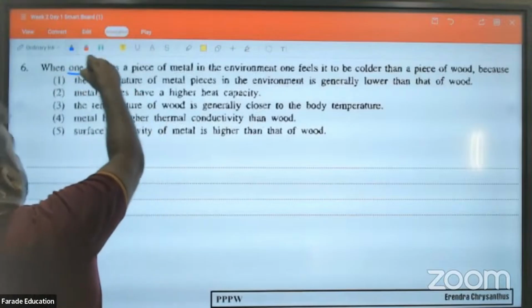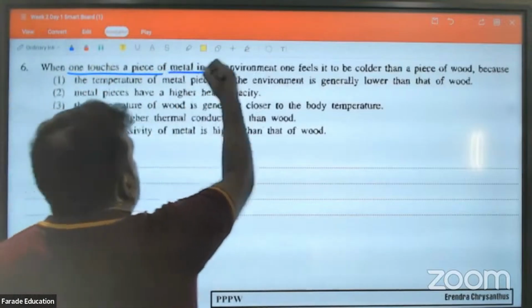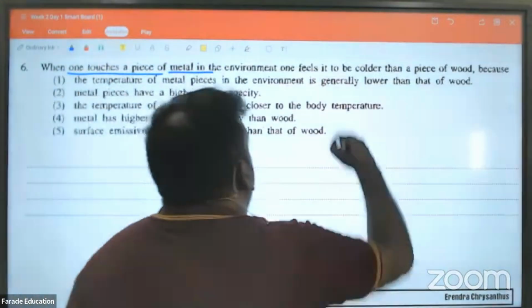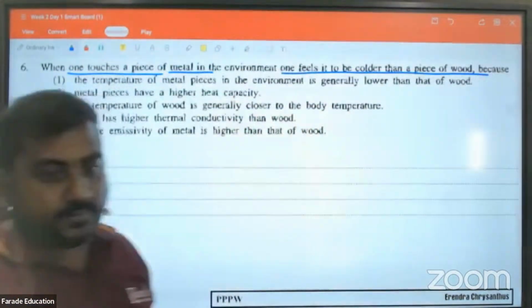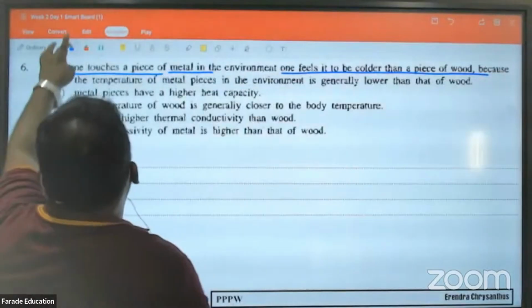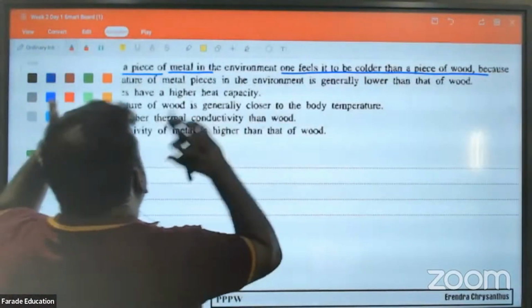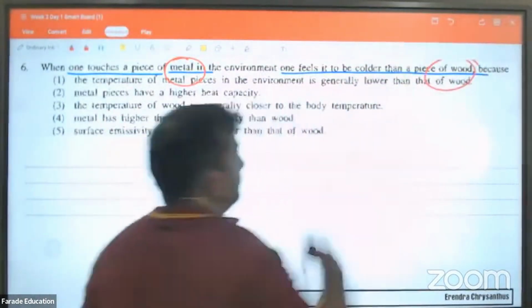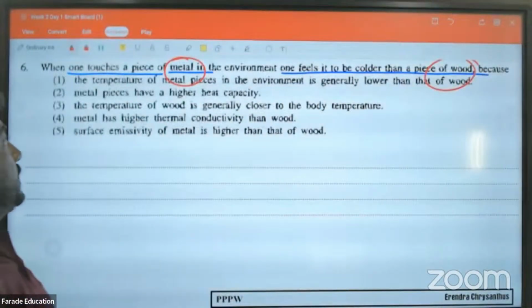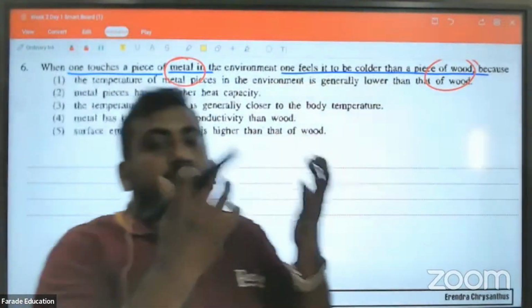When one touches a piece of metal in the environment, one feels it to be colder than a piece of wood. Look at the comparison. Remember these small things, metal and wood. Why do you feel it much colder?